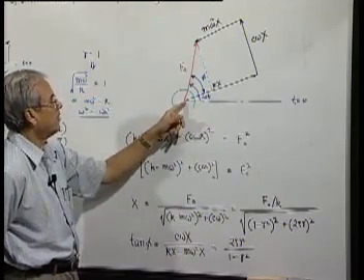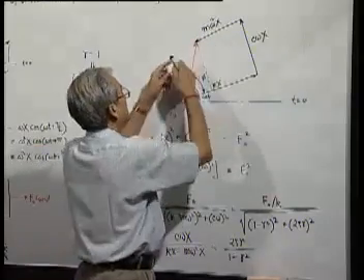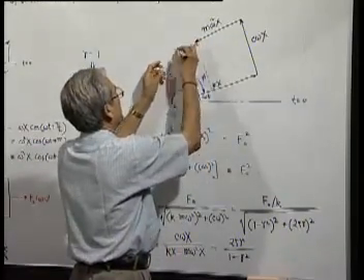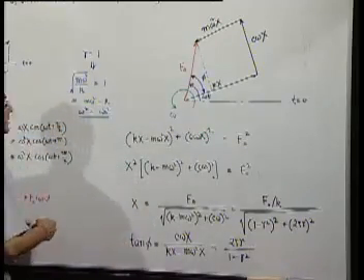This will be 0. That means m omega square will come here, and the situation will be something like this.